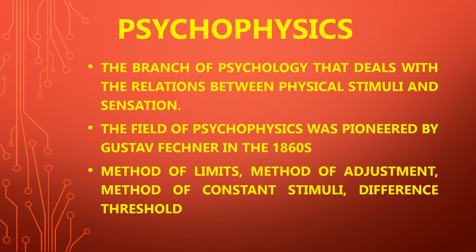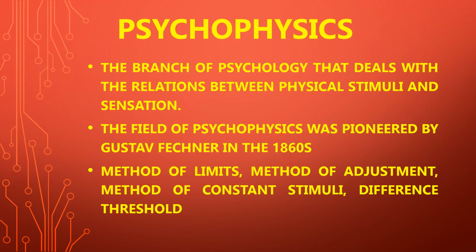Then method of limit. To measure the absolute threshold with the method of limit, a researcher would present the stimulus in ascending order or descending order to determine the smallest amount detectable. Then method of adjustment. Here the observer or the researcher continuously adjusts the stimulus until they can or cannot perceive it. Then method of constant stimuli.